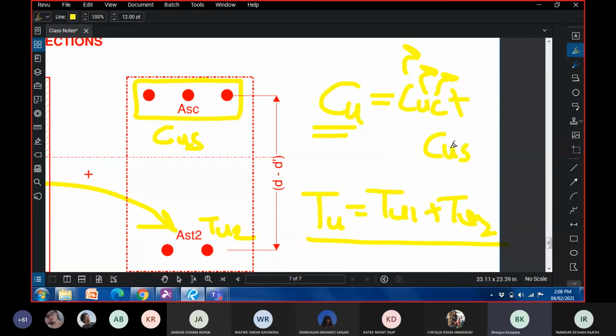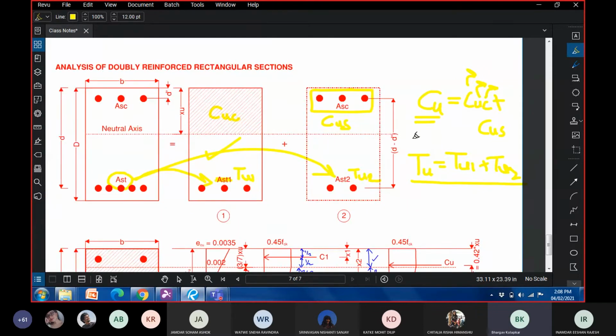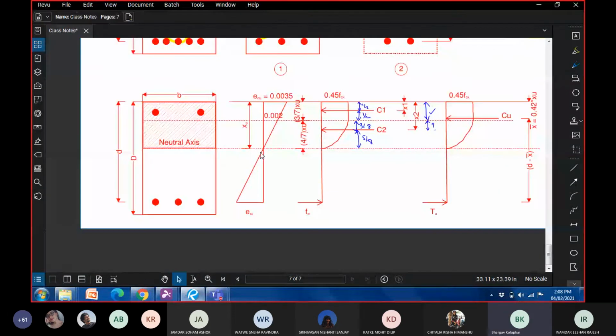C stands for compression, U stands for ultimate, S stands for steel. So the total compressive force is CUC plus CUS. Just understand this splitting, that's it. How to do it and the assumptions while doing it, that's another question. Now we have divided it. Let us learn how to analyze it.